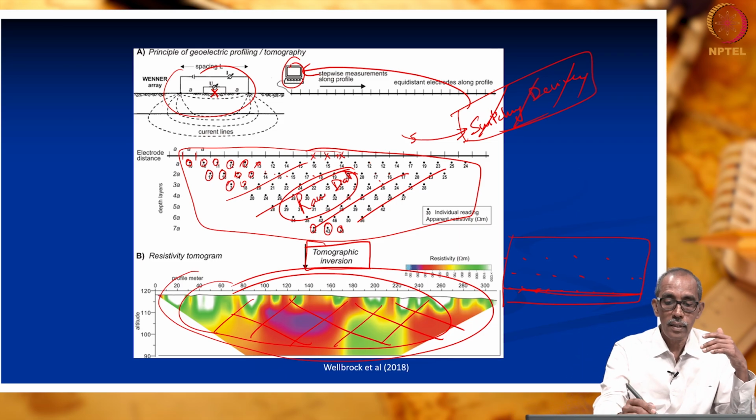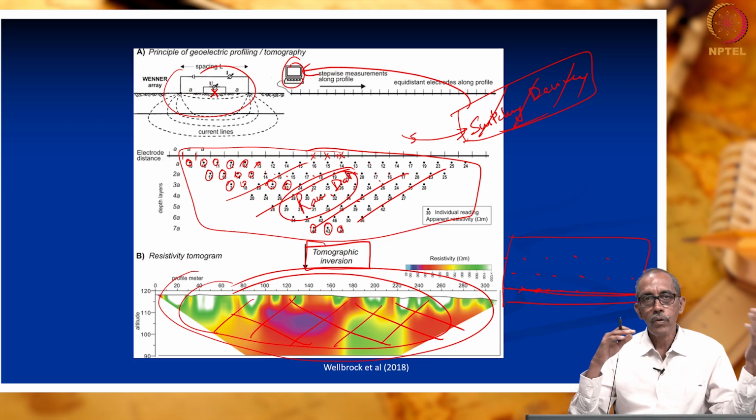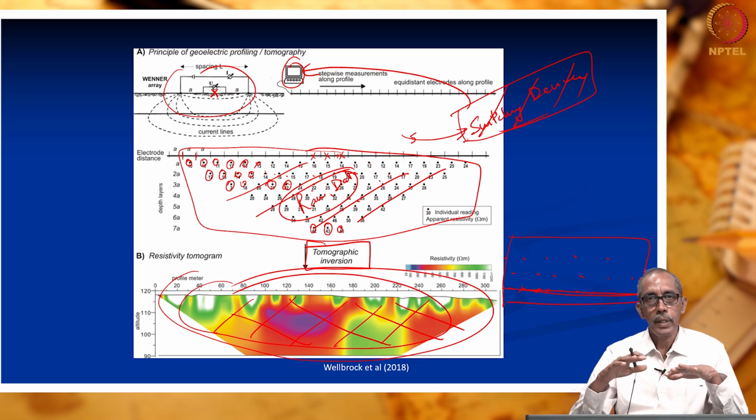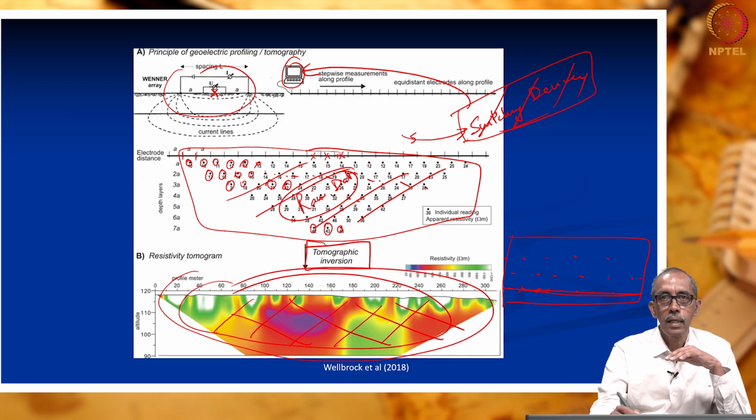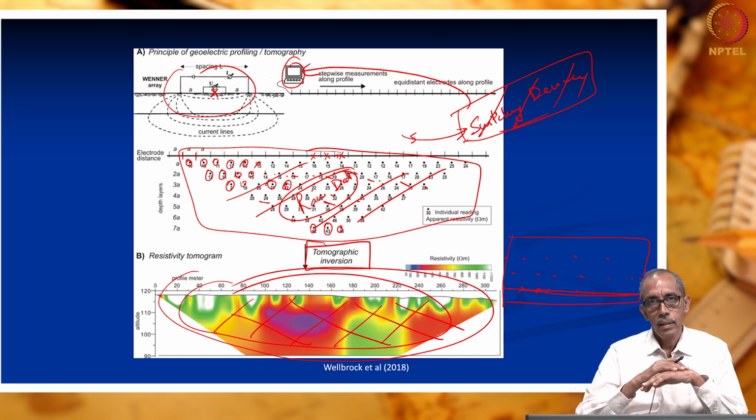it will theoretically calculate the resistivities at all these dots, and we will compare with what was actually measured using the instrument at the site. If there is a good match, then the inversion is complete. If the match is poor, the model will assume a different geological configuration, arrive at numbers at all these dots, and then compare with the field estimated values.